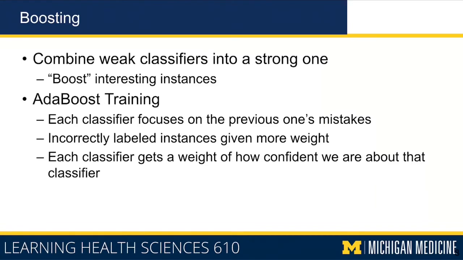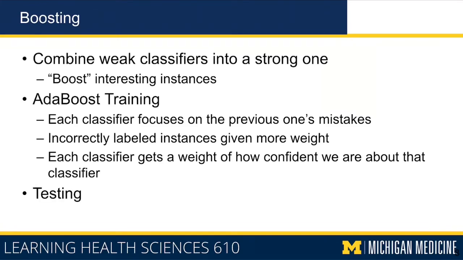In Adaboost training, each classifier focuses on previous mistakes, and hence incorrectly labeled instances get more weight. Then each classifier gets a weight based on how confident that classifier was in the classification task. So even if you are giving higher weight to instances where you're getting things wrong, the classifier may not be very good, let's say just about 55% accurate.